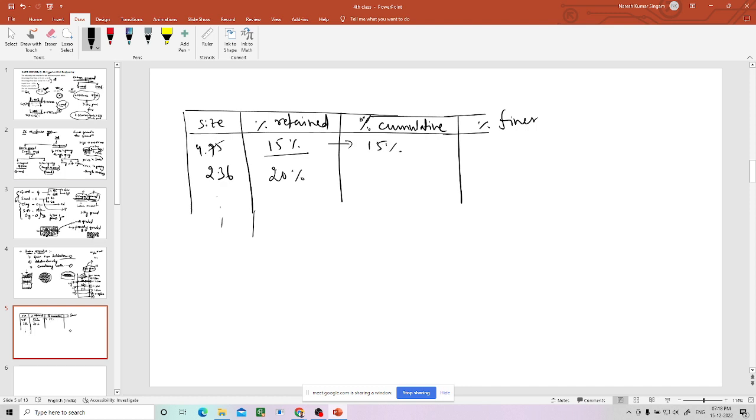Above that is 15% only. Now on this particular sieve 20 percentage is retained, but above 2.36 how much is retained completely? This 15% is also retained on 2.36 only, because it is greater than that. So you can take 20 plus 15, 35.